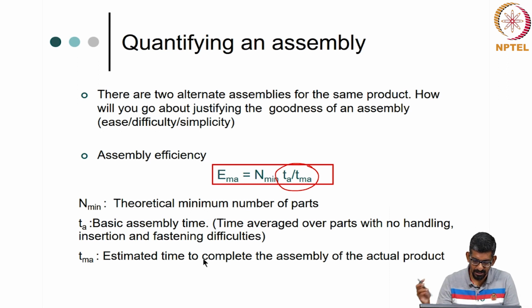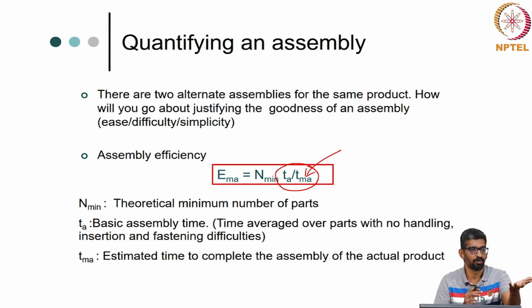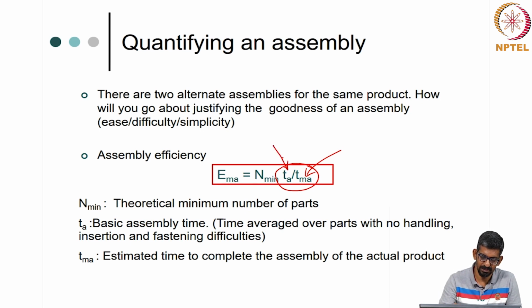So, this is the physical time of the actual product that you have. This is the ideal time that comes from a theoretical perspective. It is likely that this number is less, because it does not account for handling, insertion and fastening, and this guy is likely to be more.